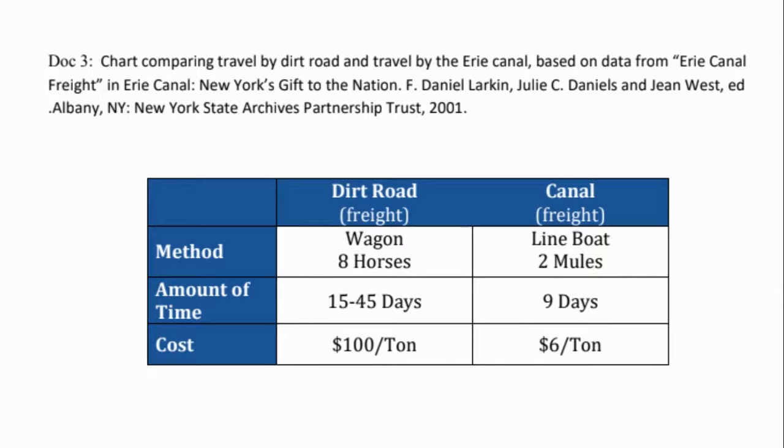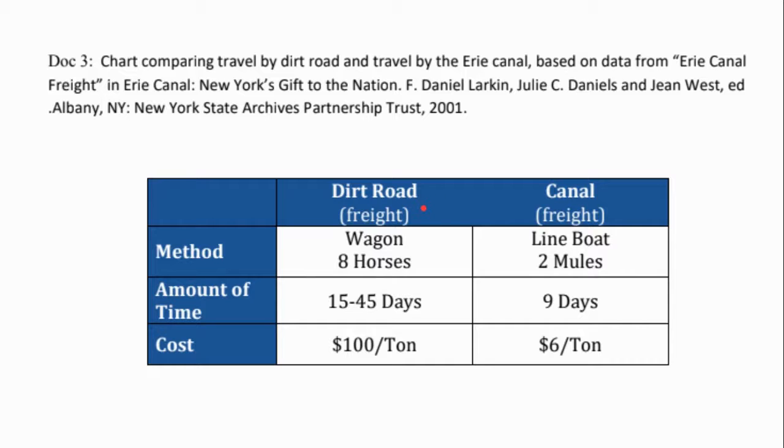Next document is a chart. The title is kind of hidden up here at the top: Chart comparing travel by dirt road and travel by the Erie Canal. And then all this other stuff is just telling you where I got this chart from. So we've got 2 methods of transportation: dirt road and canal. The method on the dirt road is a wagon pulled by horses. The method of transportation on the canal is a line boat using mules. This term freight, I want to point that out.